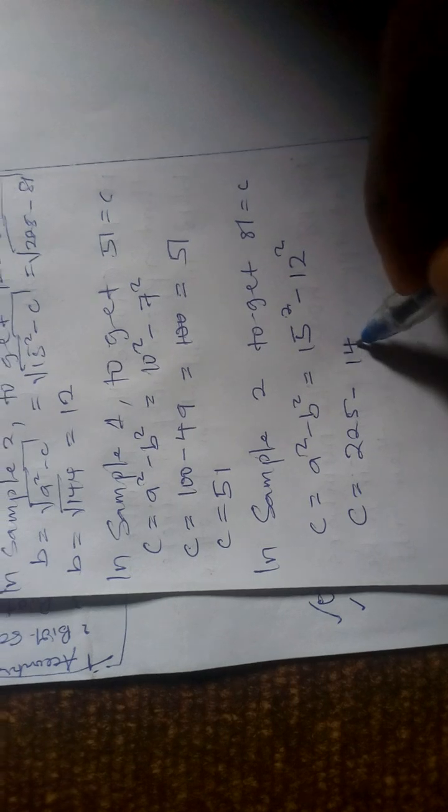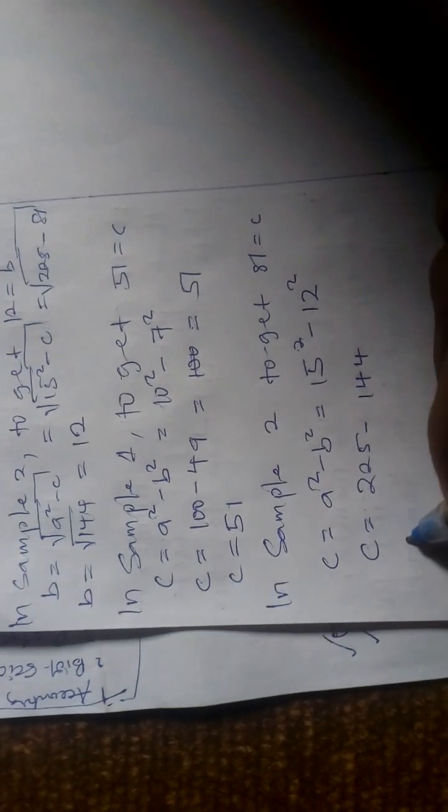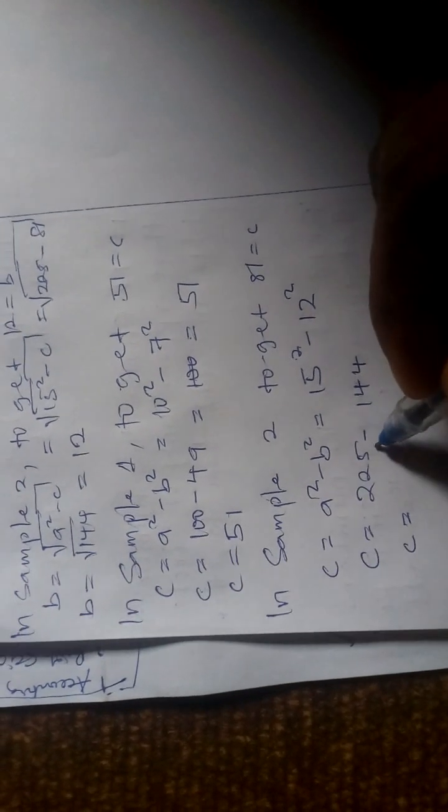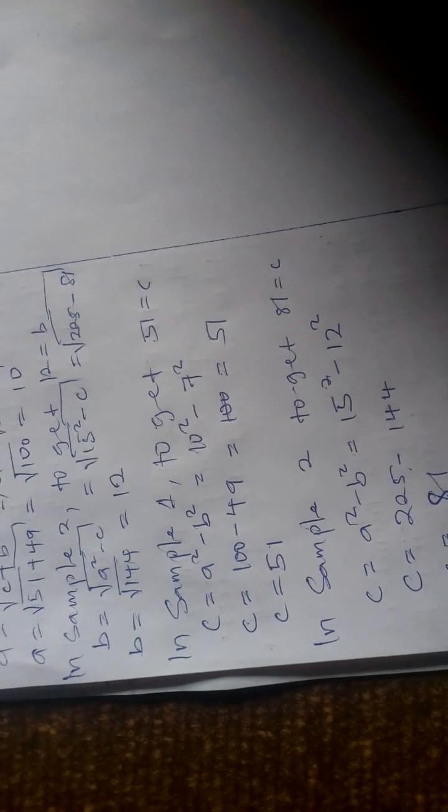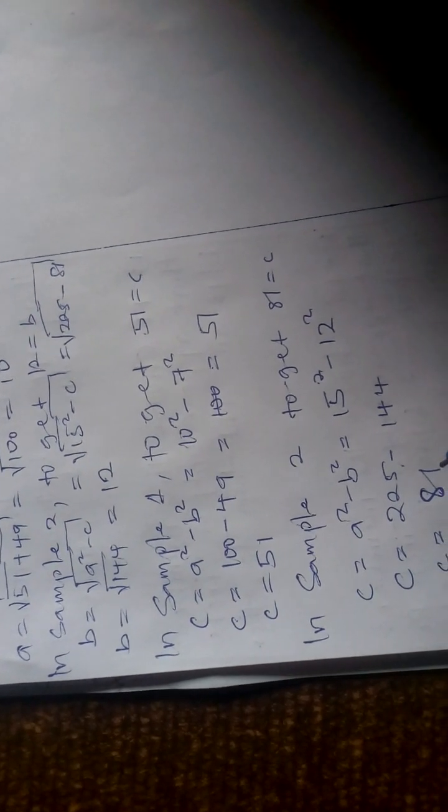Our A is 15, that is 15 square, minus what is our B? Our B is 12 square. That means C is equal to 225 minus 144. That means C is equal to 81. So we have been able to get the numbers we are looking for.